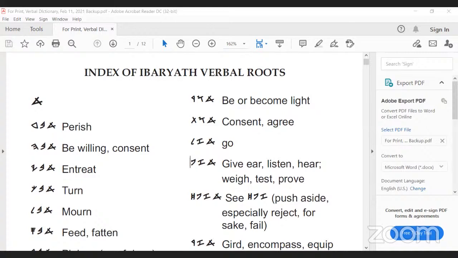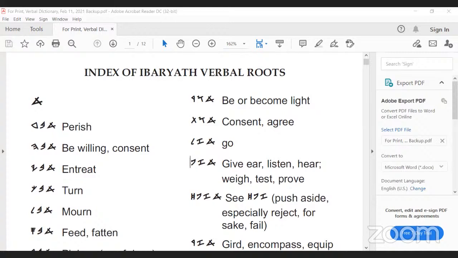I don't know of any camp or any publisher or any Yasharallah who has produced an index of Ibaryath verbal roots. Maybe there is, but I've never seen it, and I've never heard of anybody who has it. So this is a first, this is rare, and it's unique.